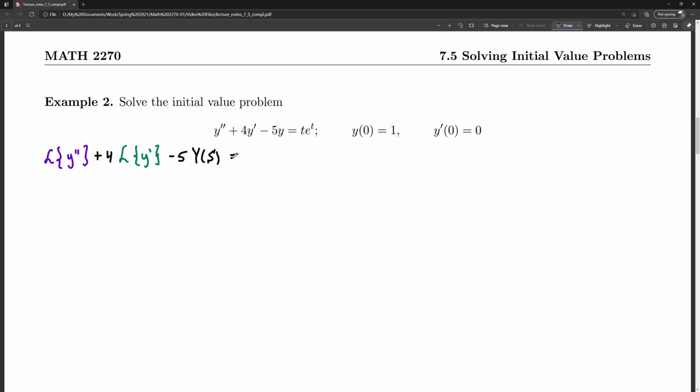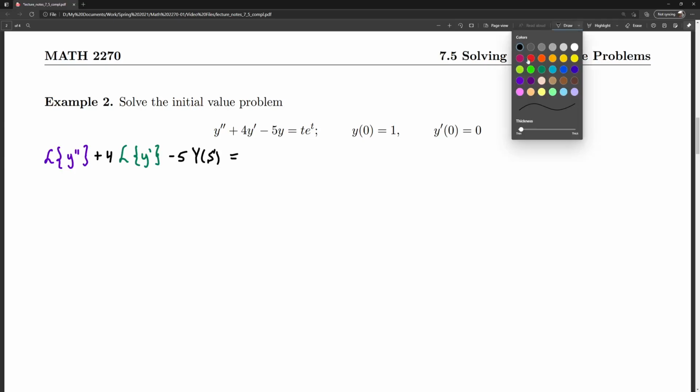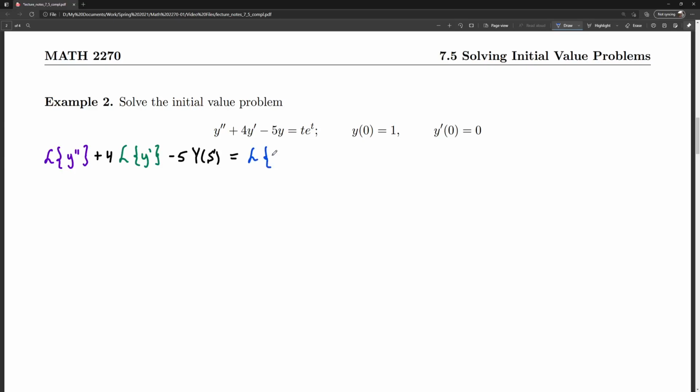And then on the right-hand side, we get the Laplace transform of t times e to the power t.